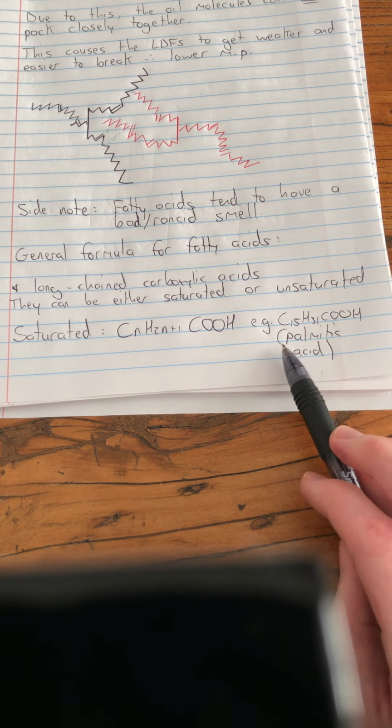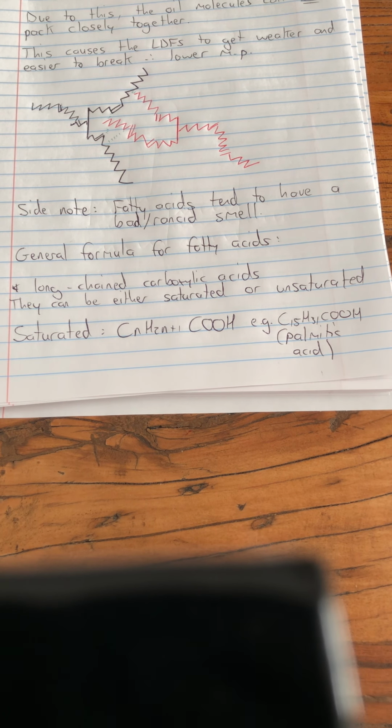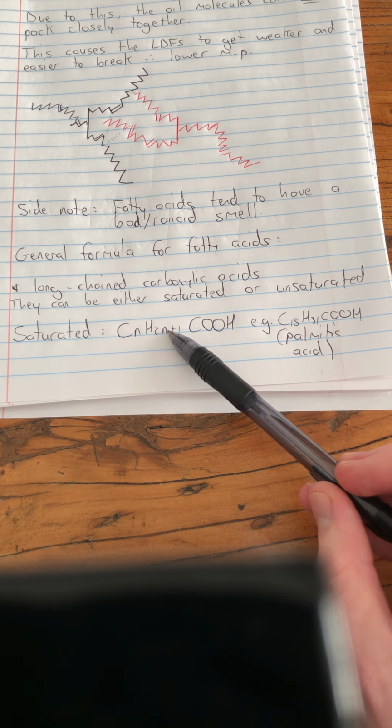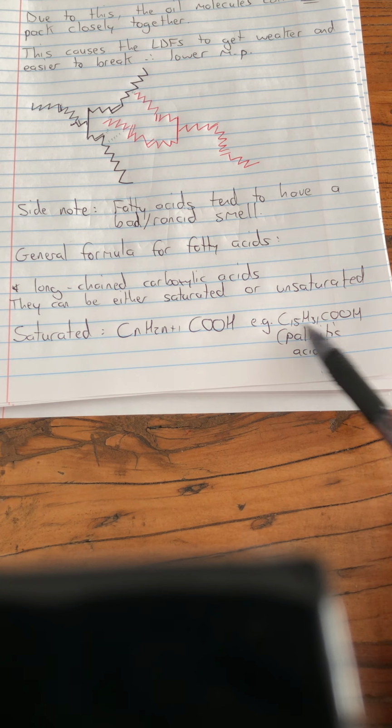You don't need to know this off by heart, I'm just showing you why this is saturated, because it follows the general formula. We've got 15 carbons, so n equals 15, so 2 times 15 is 30, plus 1, 31. So this here is a saturated fatty acid.